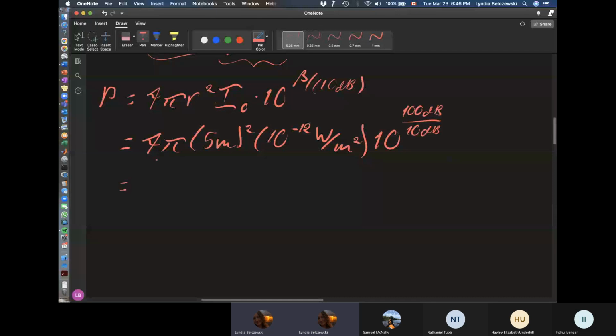Okay, I'm going to attempt to put this in my calculator. Let me know how I do. Okay, so I'm getting exactly pi watts, or approximately 3.14 watts.